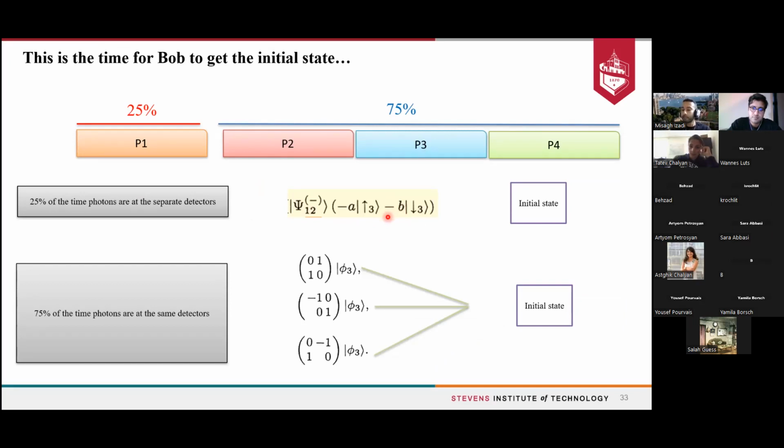How about the rest of the situations, the 75% of the time? For that 75% of the time, Bob must perform a unitary transformation to get the initial state. A unitary transformation in experimental quantum information just means a suitable combination of a half-wave plate and a quarter-wave plate. So as you see here, teleportation works and mission accomplished.